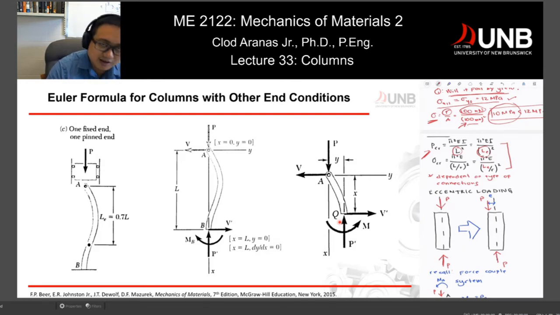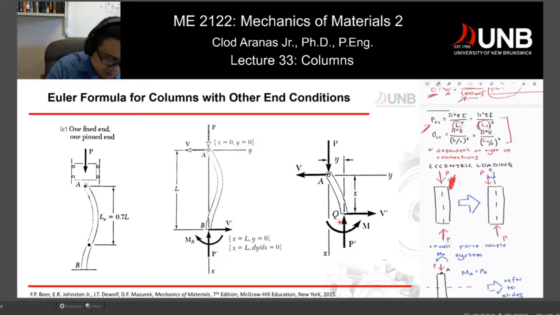So initially, in what we did last lecture, we assumed that our force is aligned along the central axis of our column. And what do I mean by central axis? If you look at this structure on your left, everything is perfectly aligned. And then we cut our beam, and you can see it from this slide.